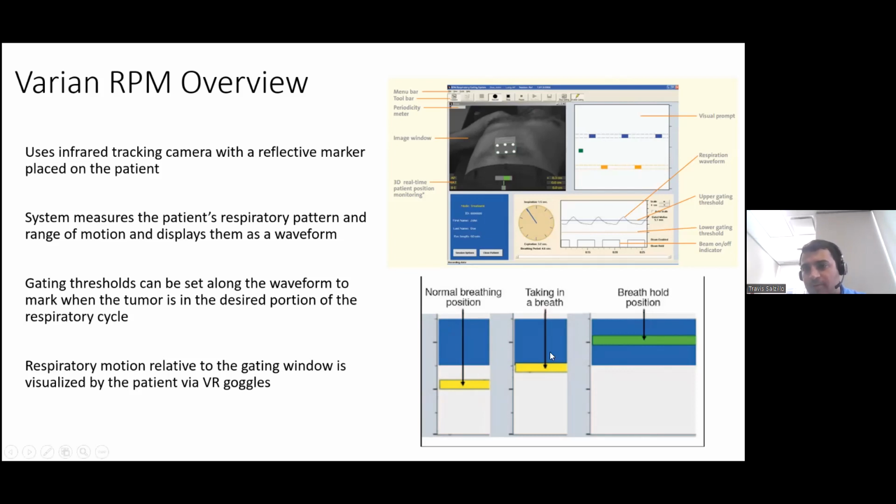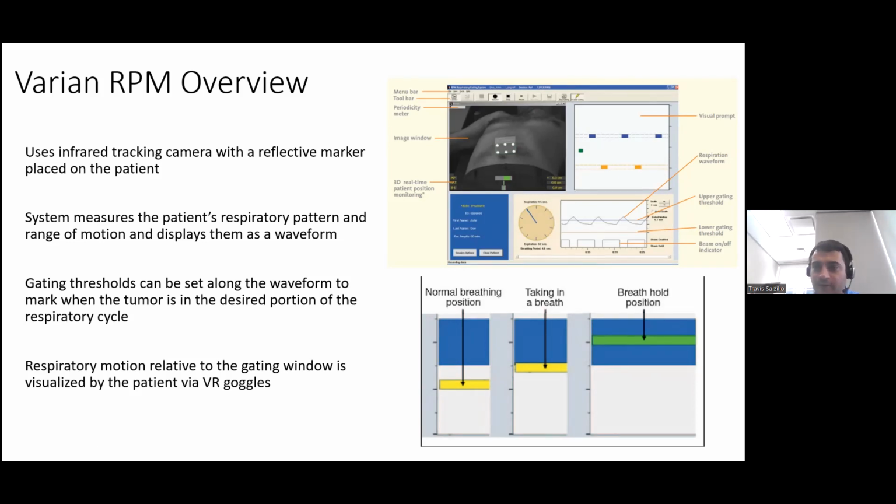We'll put these goggles on the patients, we'll put the infrared block on, and we'll ask the patients to take a breath. And once it gets to that yellow bar, which represents the level of the infrared box, once this gets into the acceptable tolerance area, essentially, we'll ask the patient to hold their breath there, and we'll take a CT there, and that becomes our breath hold CT.